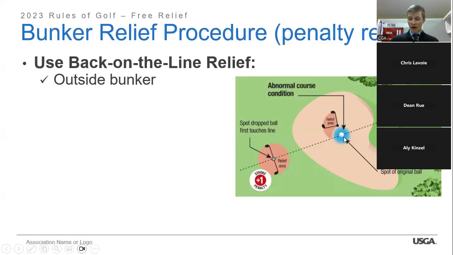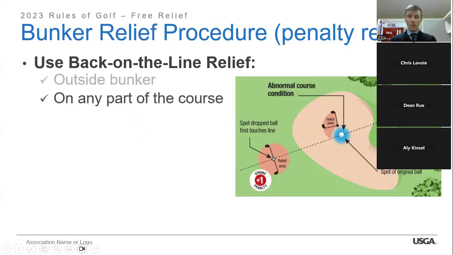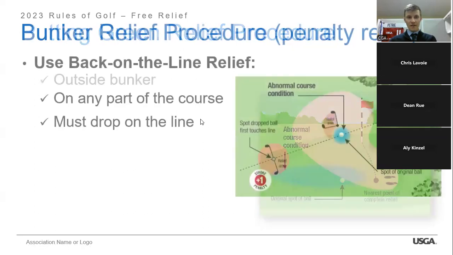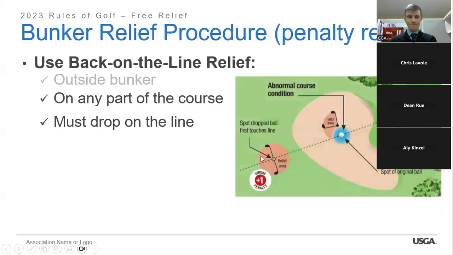If we don't like anywhere we're dropping in the bunker and we really want to get out, we do have an option to do that. So we can go back on line through the spot of the original ball, and we're dropping on that line for one penalty stroke. This could be in any part of the golf course, and that's how we're going to get back in play.